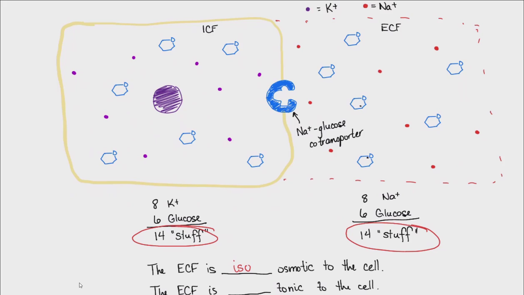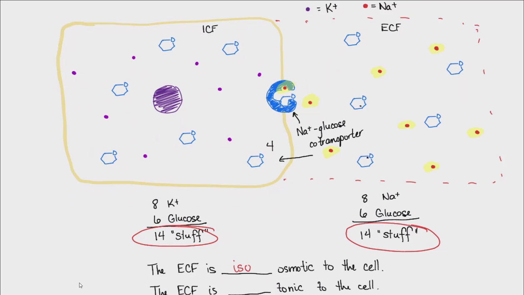And in order to answer that, we need to look at sodium all by itself. So I'm actually going to highlight sodium for you. There are 8 sodium ions. So if sodium is allowed to reach diffusion equilibrium, I expect that 4 sodium ions will want to come into the cell. But the only way that they're allowed to come in is if they bring a glucose molecule with it. So let's go ahead and see that in action.